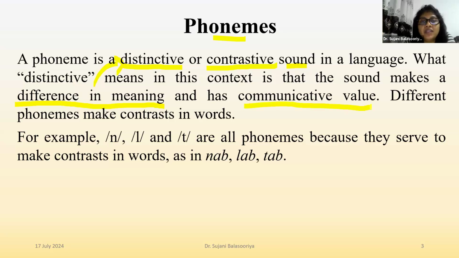When we use 2 different phonemes in 2 words, just take it like this. I'll refer to the same given examples: nab, lab, tab. Just consider these 3 words: nab, lab, tab. All these 3 words are different. Now you know why they are different.